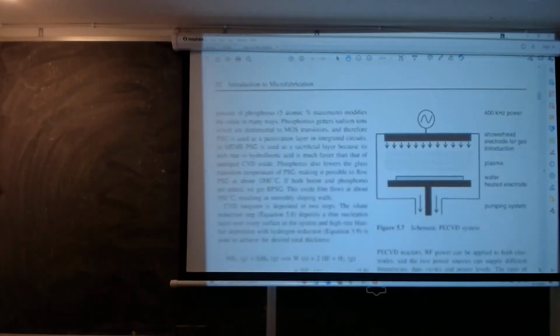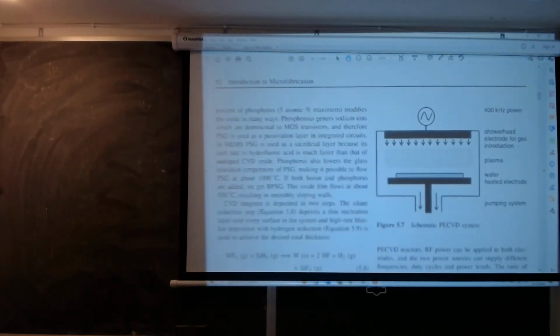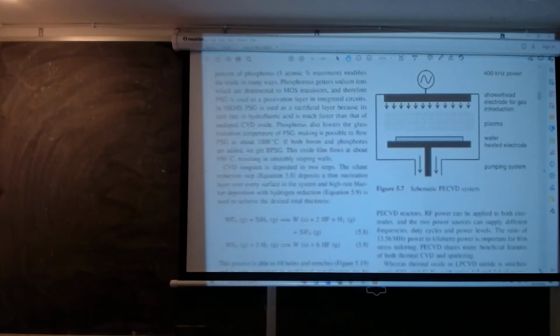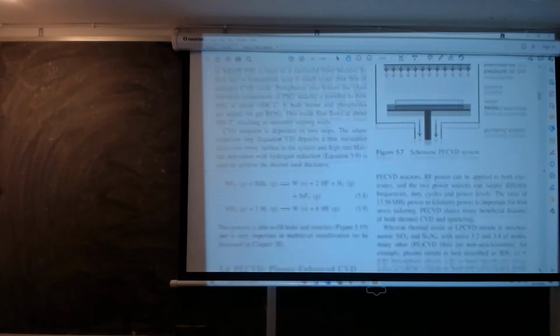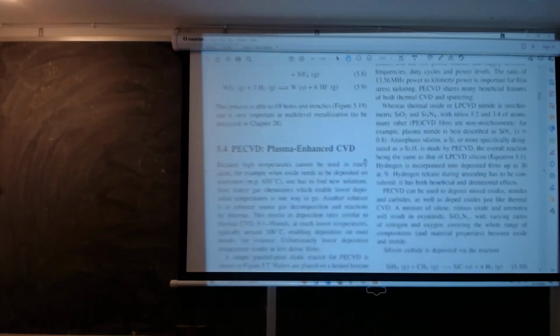There are different types of reactors, and particularly there's what's called LPCVD and PECVD. What I want you to focus on for this course is PECVD, which stands for plasma enhanced chemical vapor deposition. It's used primarily for silicon nitride.